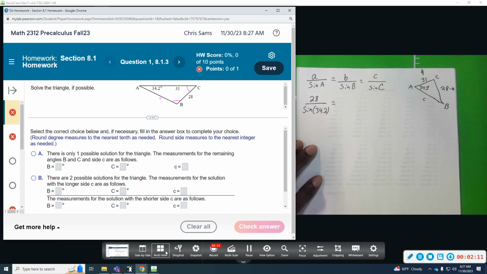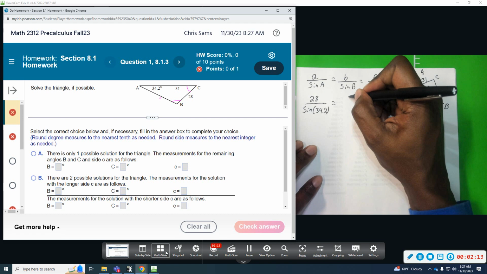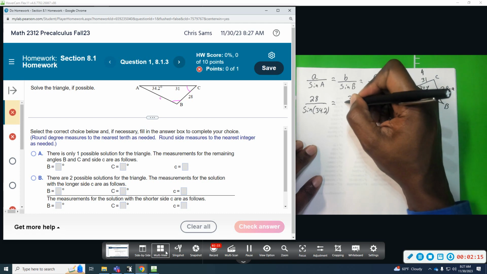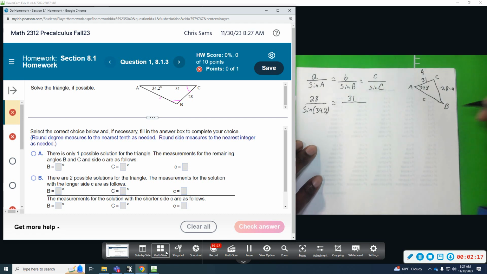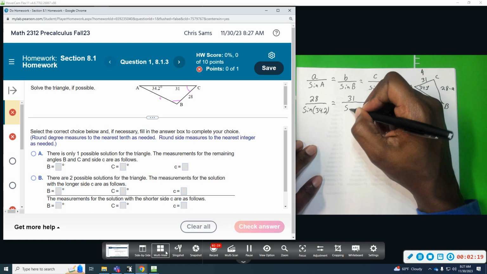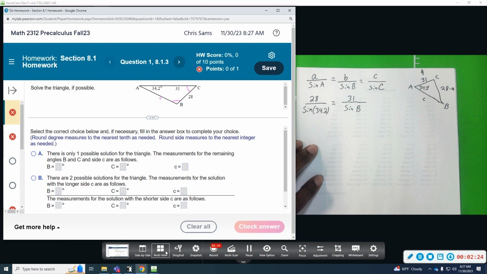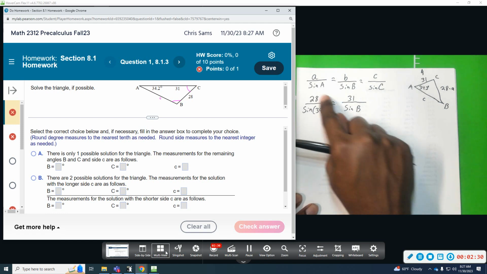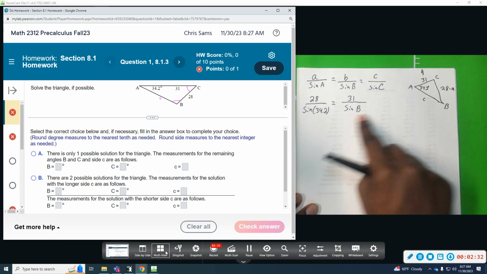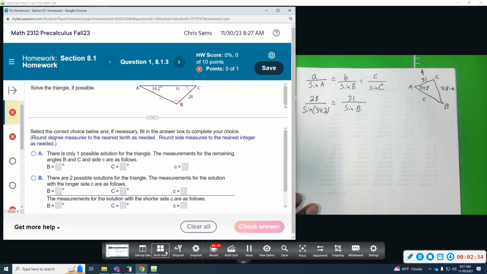This is going to be equal to side B, which is 31, over sine of B, which we do not know. From this point, we're going to cross multiply, and then we'll divide to get sine B by itself.